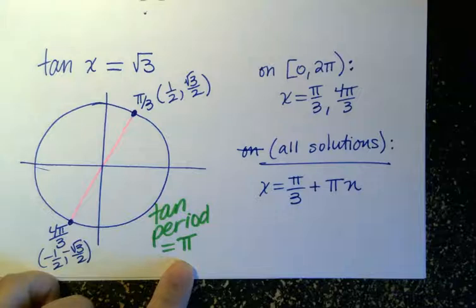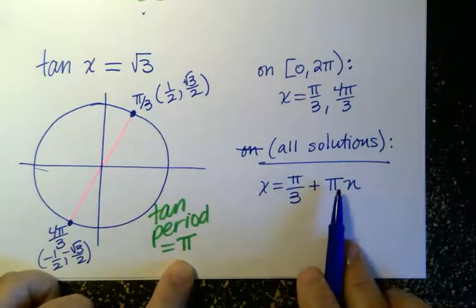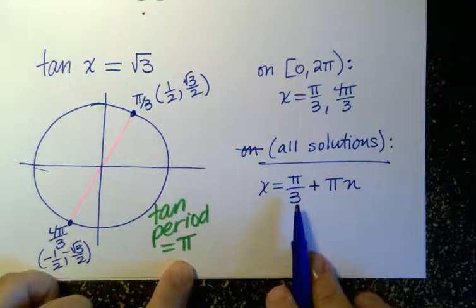However many times you want to go around the circle 180 degrees from this spot, pi from this spot, you will get to another angle that has the exact same tangent value.